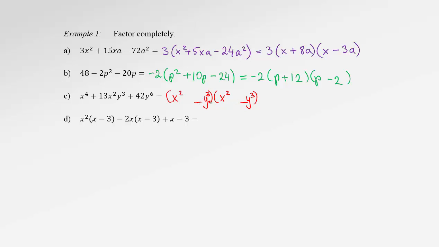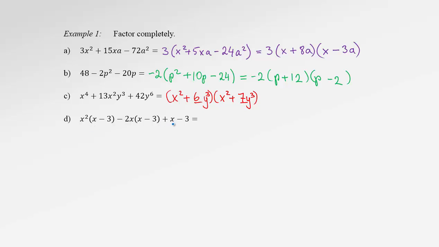How to get this coefficient? By using the same rules as before. The product is 42, the sum is 13. So two numbers that will multiply to 42 and add up to 13, that will be 6 and 7. So it's plus 6 and plus 7, plus because both of these signs are positive. So the expression is factored.